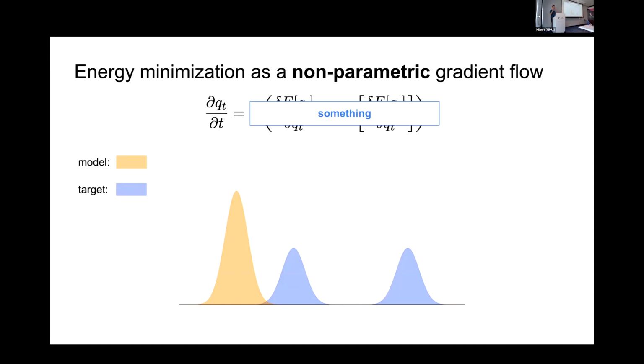So the target is kind of a ground state, and we want to fit our model there. And this is what this PDE tells us. This is what's going to happen, okay? So if we have all the compute in the world, we will just slowly, perfectly fit our model to the target.